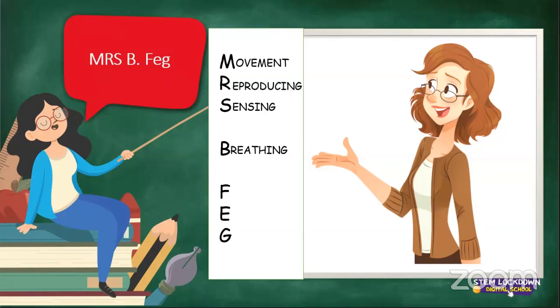Good job. What does the E stand for? The E in the 7 life processes. Excrete. Yes, I think you also tried to type excreting. Yes, you are right. Excrete. Remember, that means to get rid of waste products from our bodies.